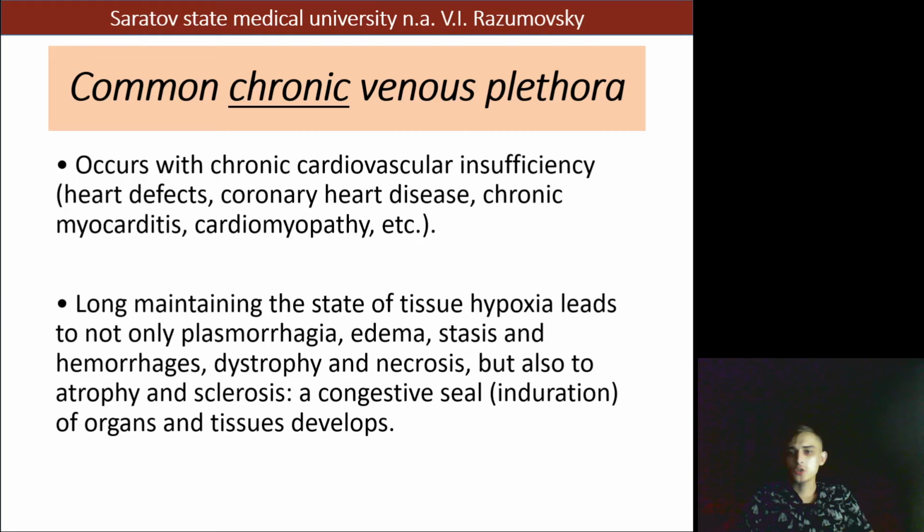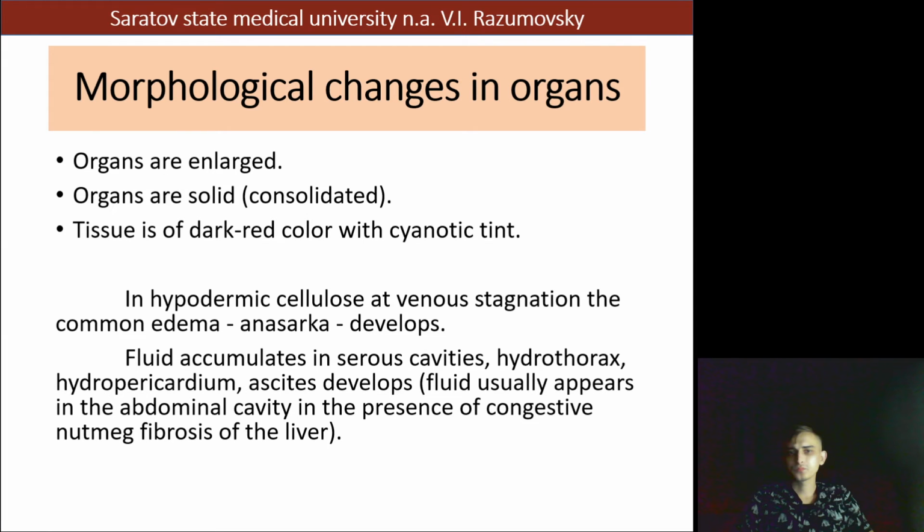A congestive seal or induration of organs and tissue develops. Morphological change in organs will be associated with increase of size, organs are enlarged, and these organs will have solid consistence, and tissue is of a dark red color with cyanotic tint.